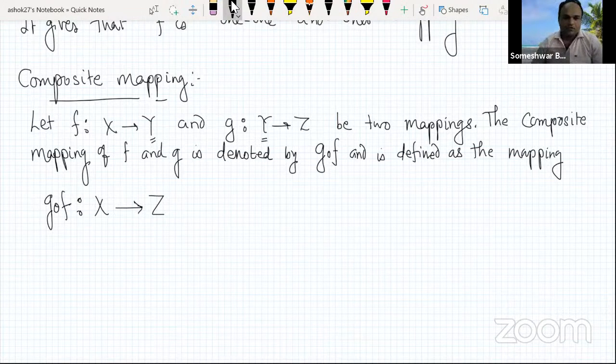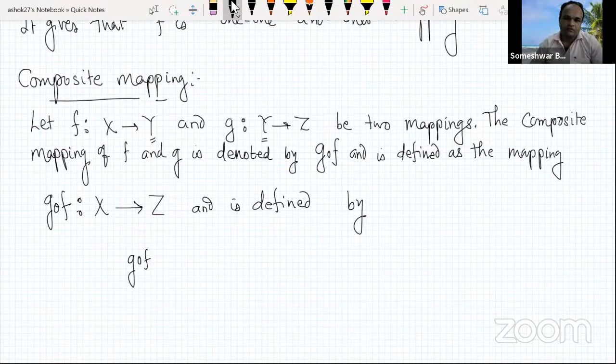So what is the definition of this mapping? G of F is a mapping from X to Z, and it's defined by: what is G of F of x?